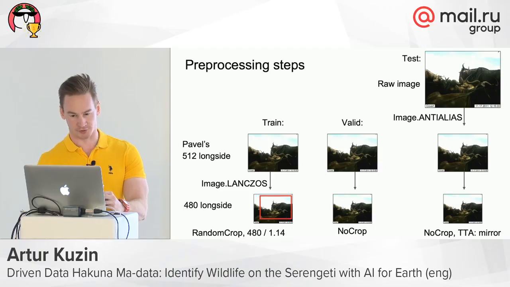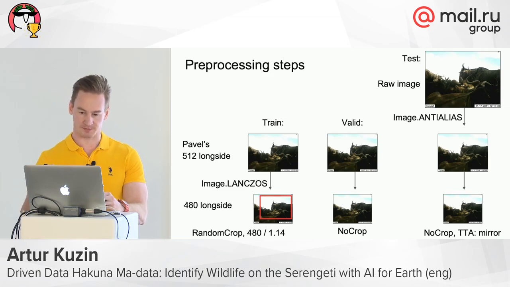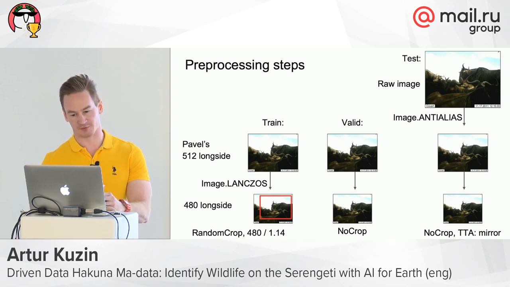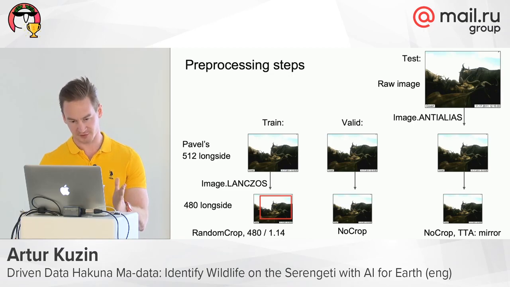But for the test part, it was crucial to make the same steps that Pavel did for reduction of the size of the data set. So it was kind of a crazy pipeline. I take raw images and reduce the size using anti-aliasing interpolation.